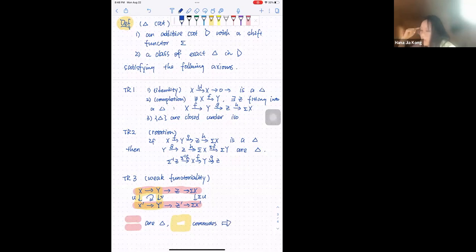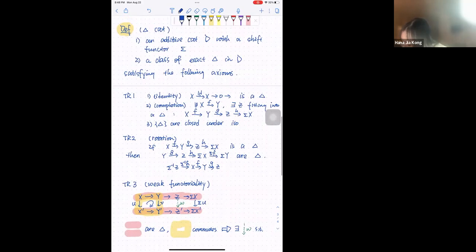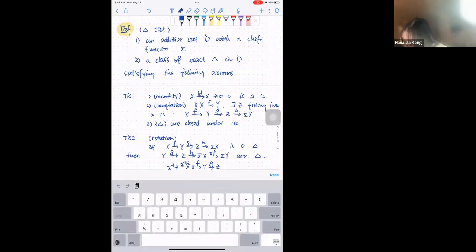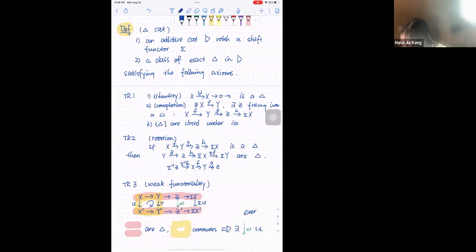Then the axiom conclusion is that we can find an arrow here such that everything commutes.